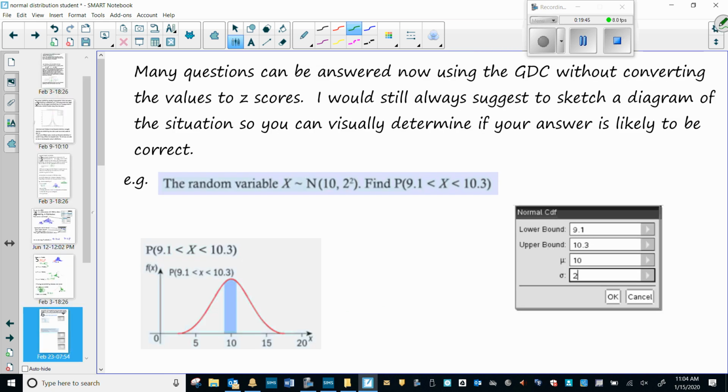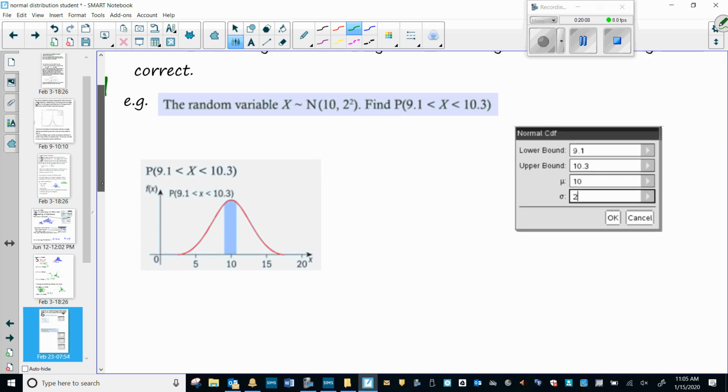A lot of the time we don't need to change them to Z scores, as I said. If you see a Z, that's when you want to be changing any values. I'll see if I can find some questions where you need to use that formula at some point. Just bear with me, but let's have a go at some of these to start with.